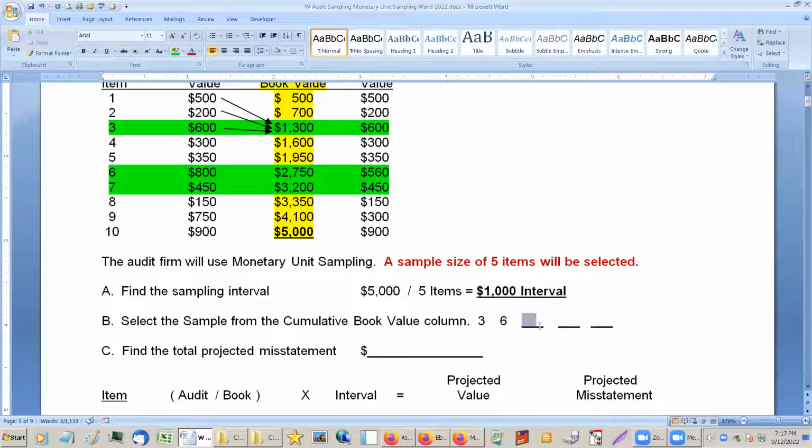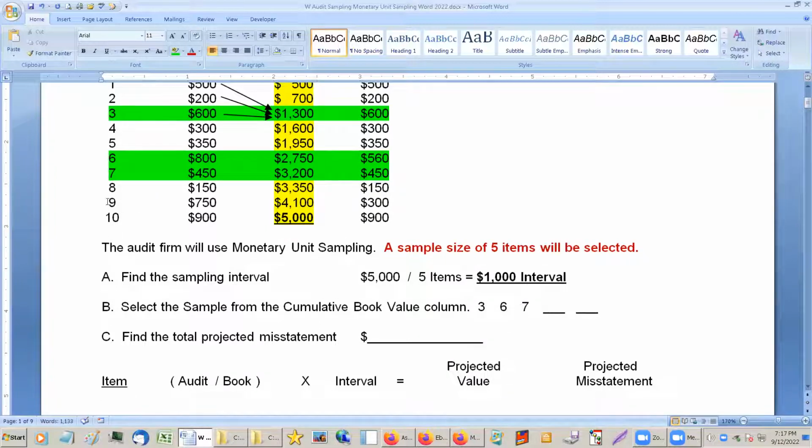And then 9 goes past 4,000 and 10 goes past 5,000. So these would be 9 and 10.